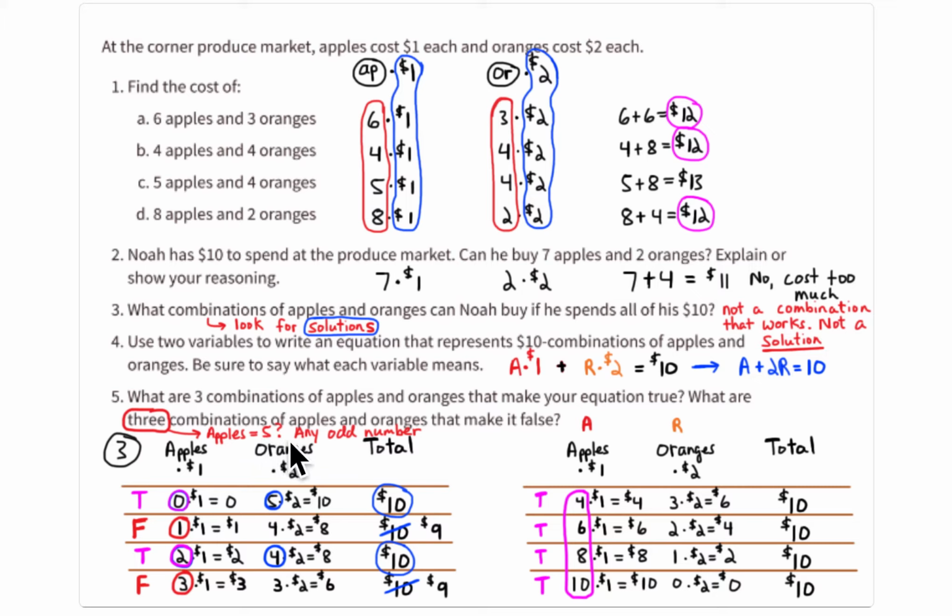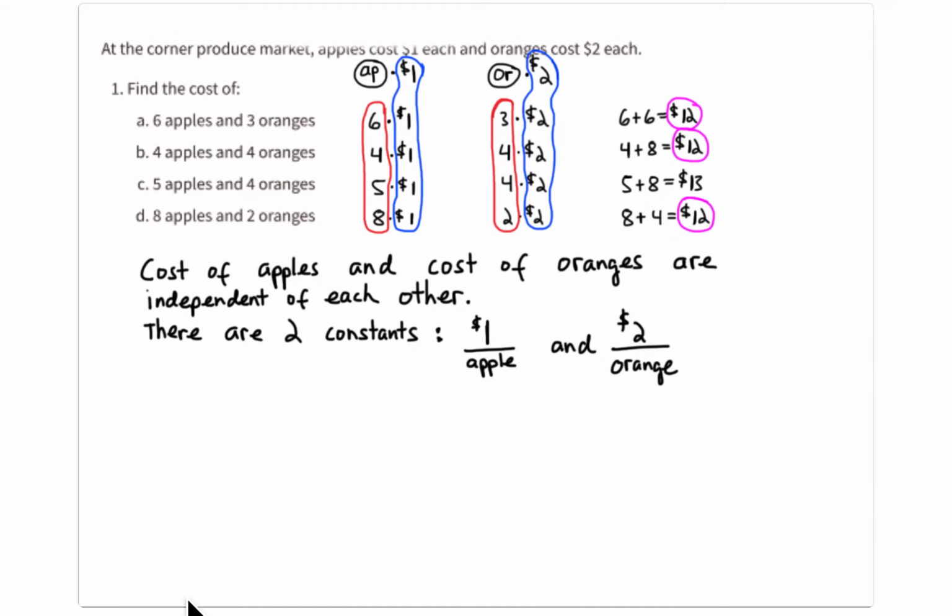I could purchase 2 oranges, which is another $4 to get me to $9. So that doesn't work. Or if I purchase 3 oranges, that's 3 times 2 is $6. $6 plus that $5 gets me to $11. So it jumps over the $10. So any odd number of apples does not work. So these do not work: $1 and $3.